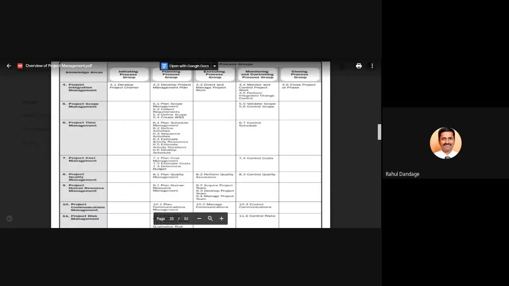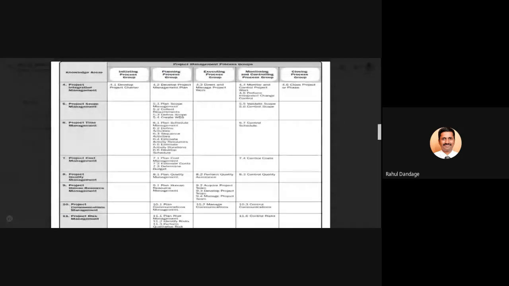Yes. So you can see whatever processes we have seen till now: develop project charter, develop project management plan, identify the stakeholders, so many things.